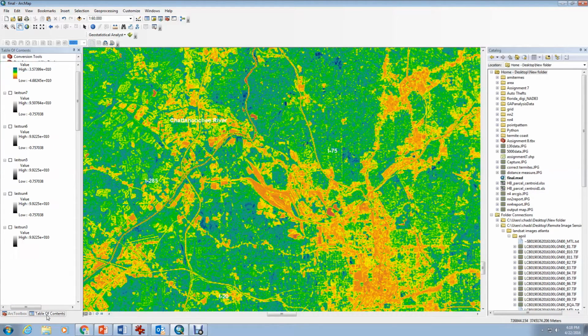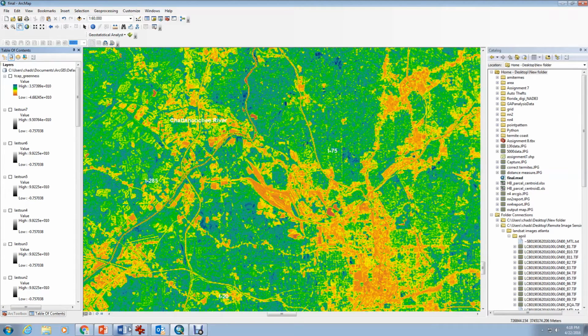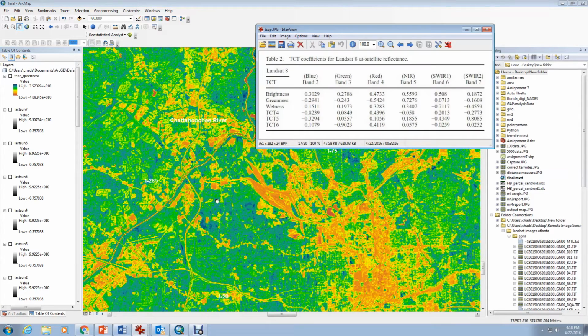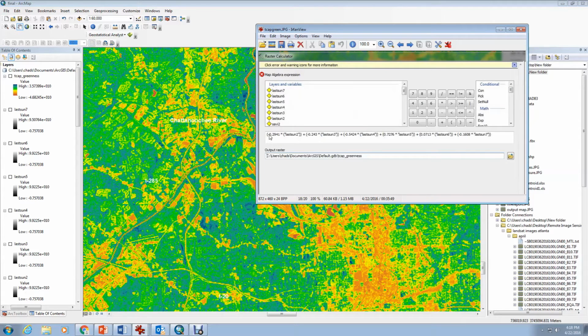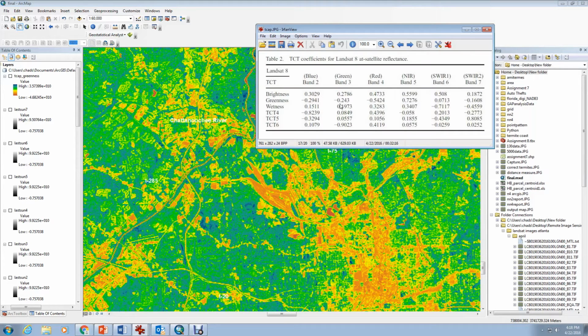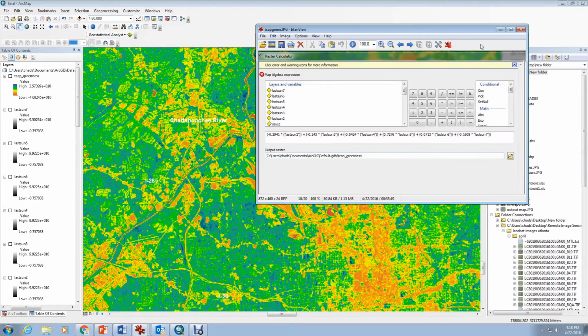And so now I've got all those up there. And then to get the tasseled cap, we're going to just multiply those by the coefficients. So multiply by each coefficient. Make sure to put a parenthesis around the band, double parentheses at the end, and just add them together. So you'll see those numbers were pulled directly from this line of that table.